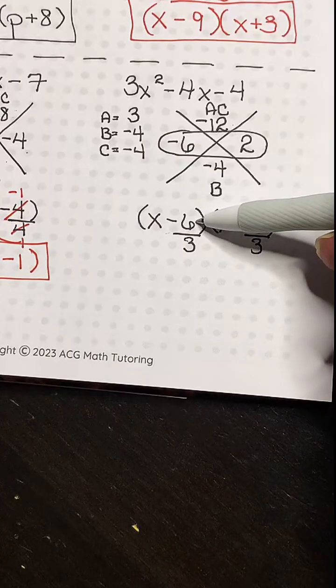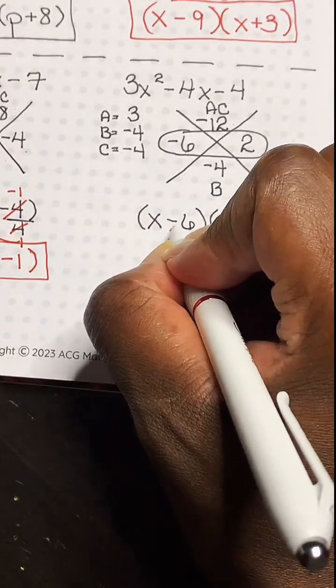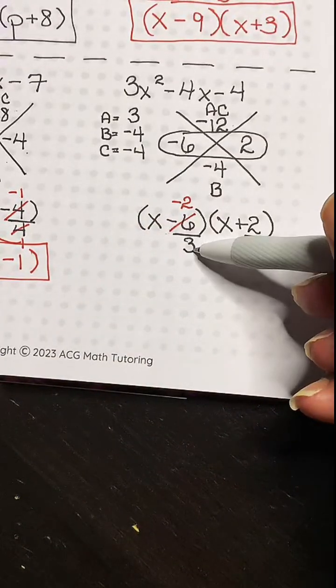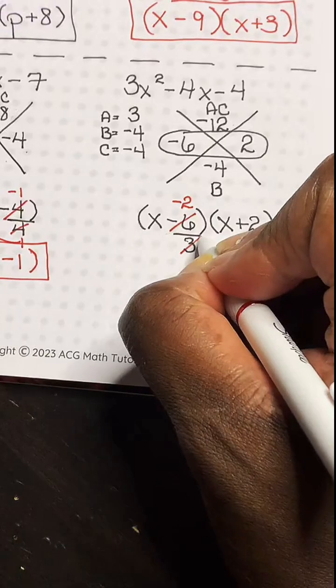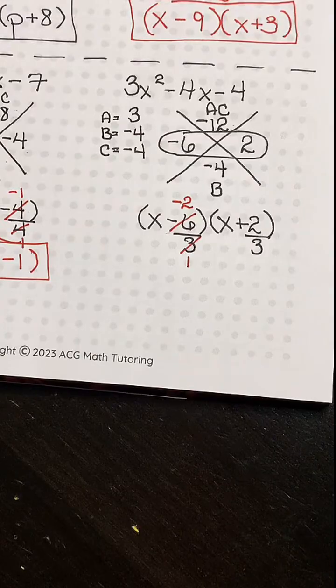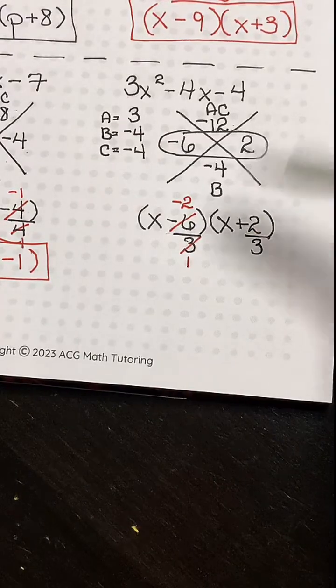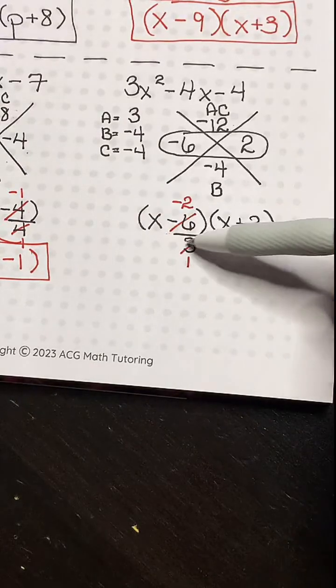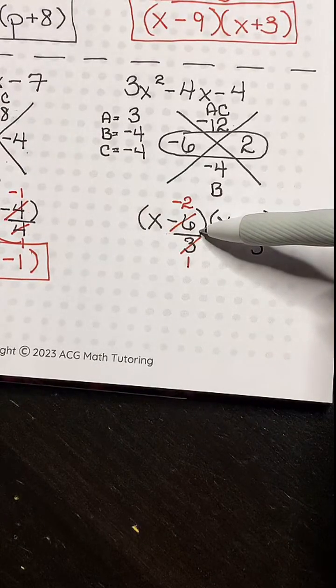Negative 6 divided by 3 gives me a negative 2. 3 divided by 3 cancels out and now it's a 1. So you basically have an x minus 2 in that first parenthesis. Yup, divide and slide. That's exactly what we're doing.